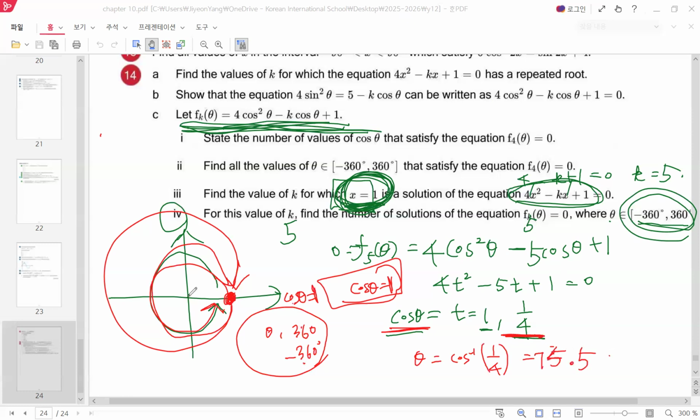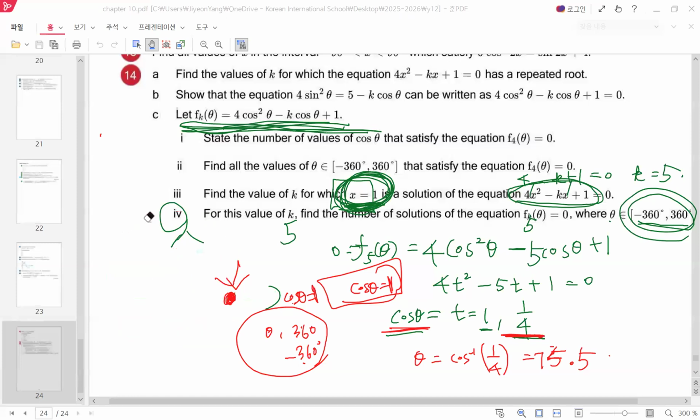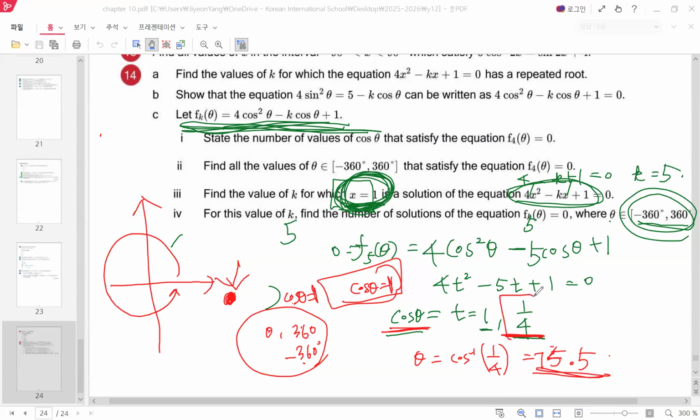75.5. Thank you so much. And then students, let's calculate this one. One turn positive direction. Since the cosine value is positive, the angle should be located on the first and the fourth quadrant.